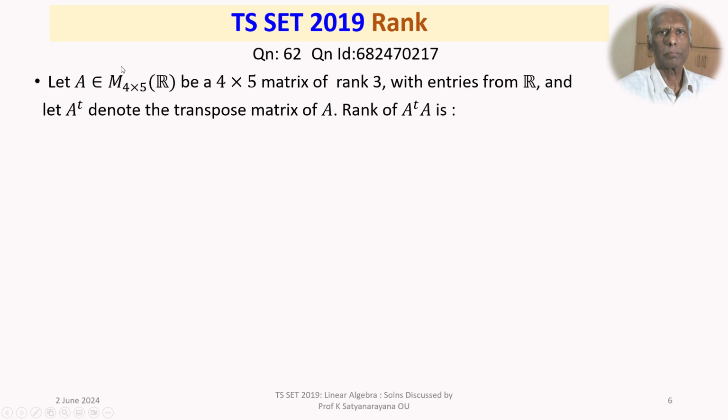Let A be a 4 by 5 matrix of rank 3, so the rank of A is given to be 3, with entries from R. Let A transpose denote the transpose matrix of A. Then the question is, the rank of A transpose A is how much? We are given 4 options.